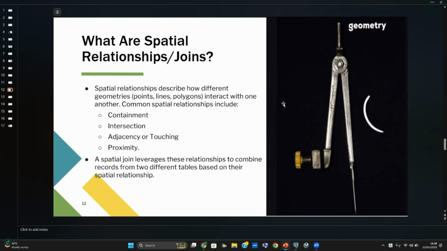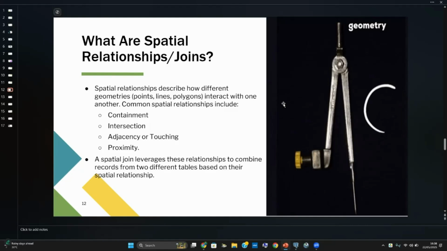So there's containment, which is when one geometry completely envelopes another. Let's say a neighborhood containing a park. There's intersection. That's when two geometries share some common space, like a river crossing a city boundary, two roads crossing, two rivers crossing, things like that.